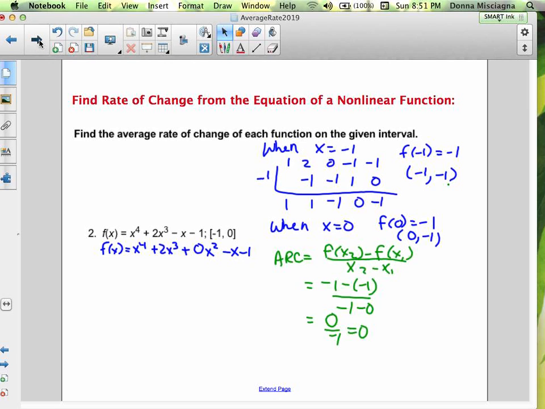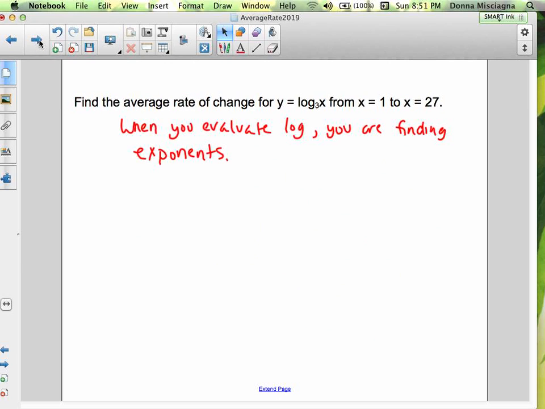Let's do another one. Find the average rate of change for y equals log base 3 of x from x equals 1 to x equals 27. When you evaluate log, remember you're finding exponents. So we have y equals log base 3 of x.